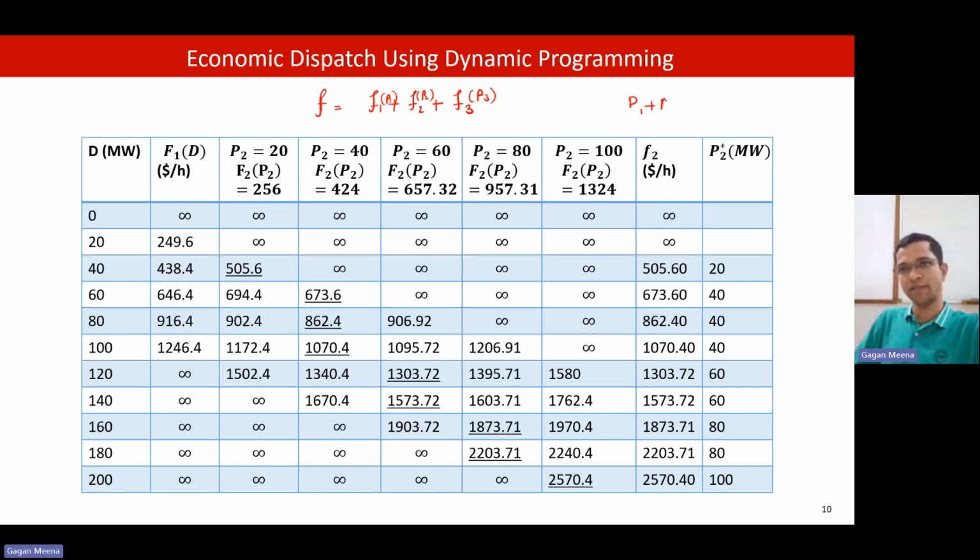And we know that P1 plus P2 plus P3 is the demand. Stage 1 is P1, stage 2 I can write P1 plus P2, and stage 3 is P3, P1 plus P2 plus P3.